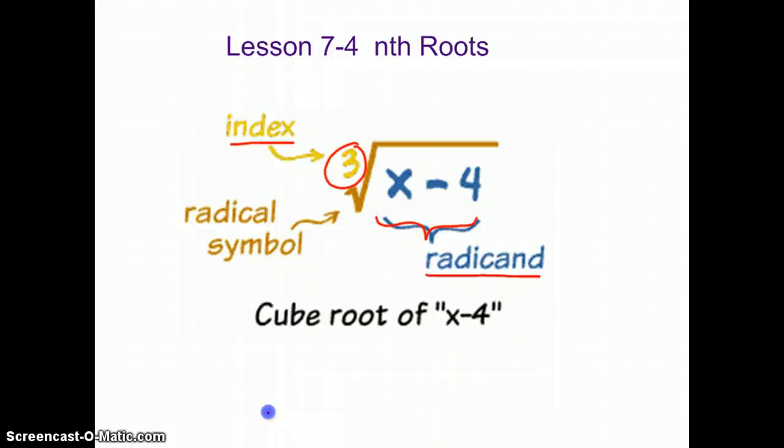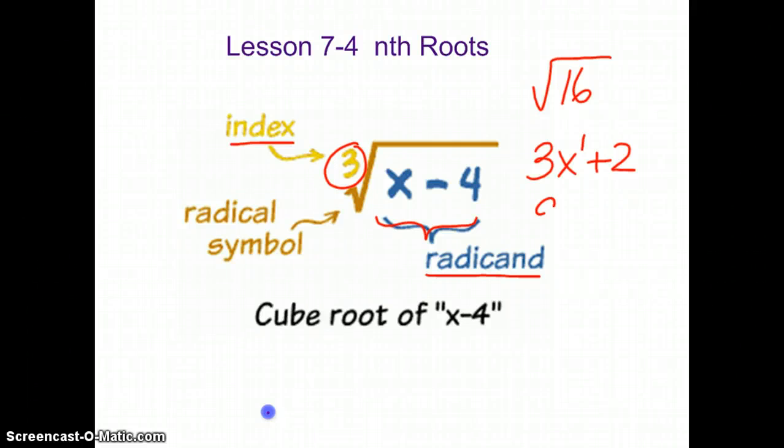Another thing that's important to know is when you have a square root like we've had, like square root 16, we need to understand that the index is understood. For example, when we have 3x plus 2, we don't write it, but we understand that this is really x to the first power, that the exponent is a 1.